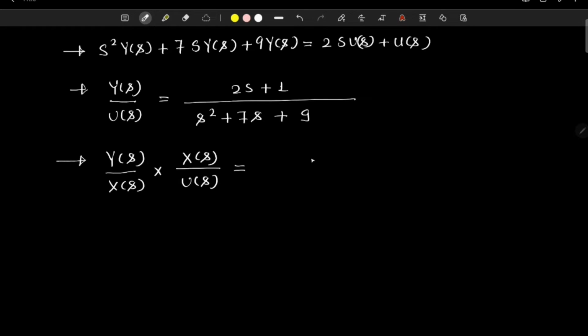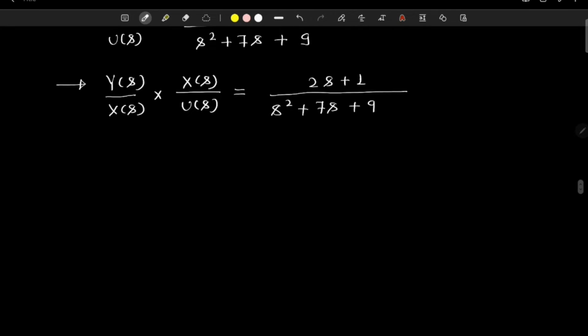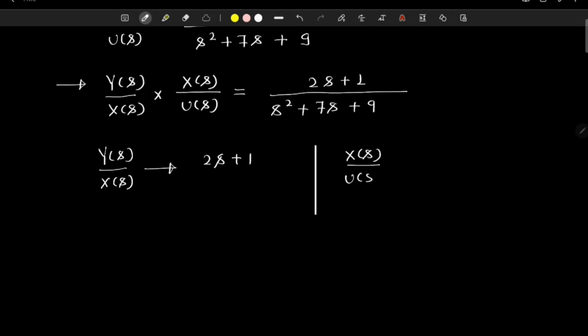So this is equal to 2s plus 1 divided by s square plus 7s plus 9, right? So let's take y of s by x of s as 2s plus 1, and x of s divided by u of s as 1 divided by s square plus 7s plus 9.